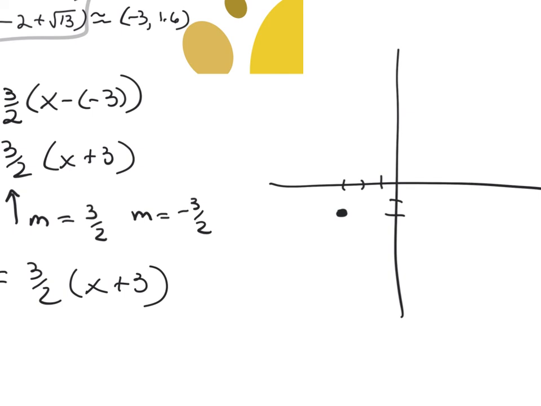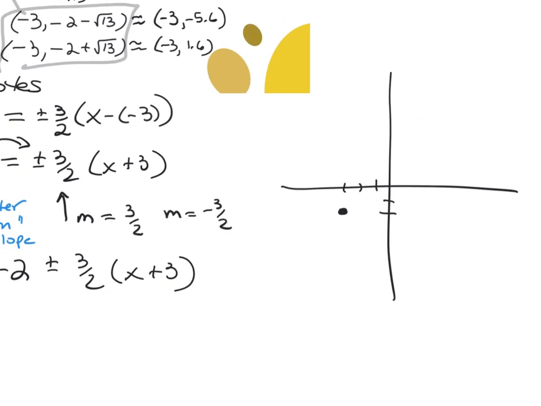Remember, the slope is going to be this 3 over 2. So I'm going to rise 3 and run 2 from the center. So I'm going to go up 1, 2, 3 and run 1, 2. I can also go down 3 and go over 2.